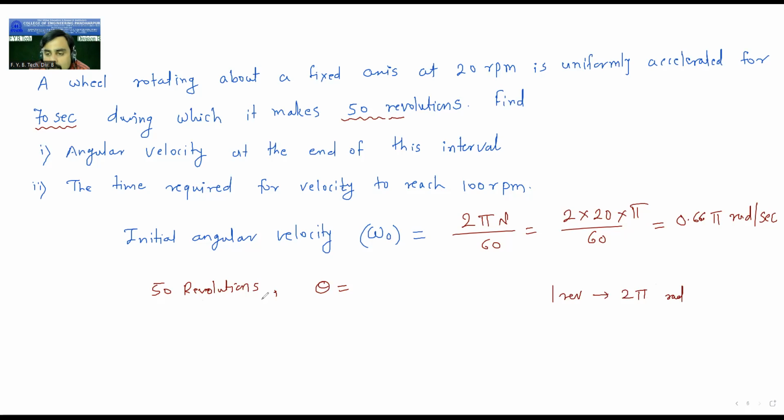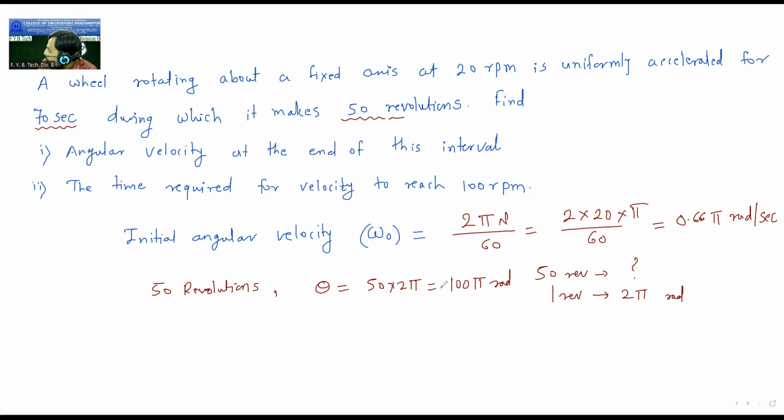So now what do I want? 50 revolutions. For 50 revolutions, how many radians? It will be 100 pi. What did you do? 50 into 2 pi, which is equal to 100 pi radians. Is it clear?